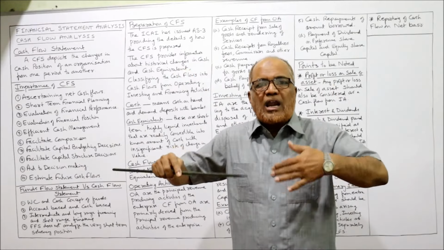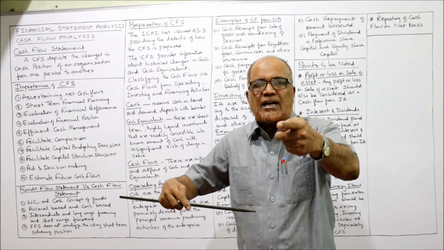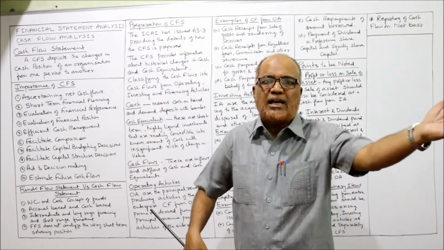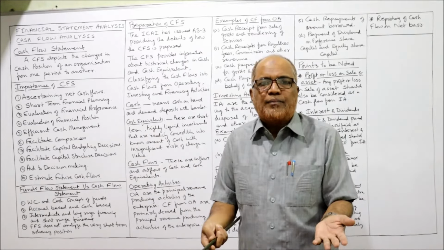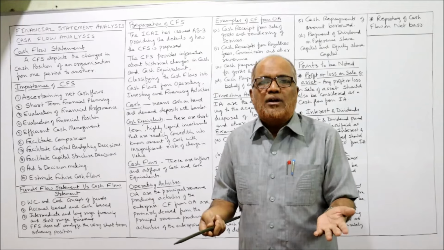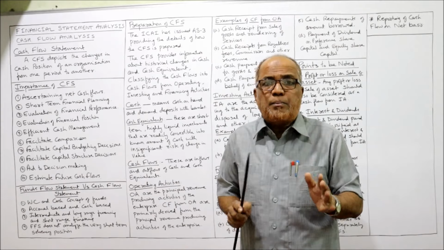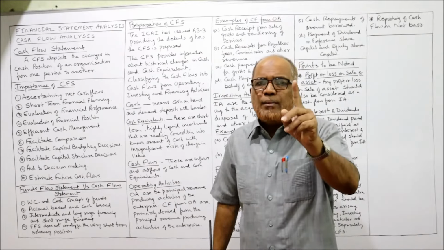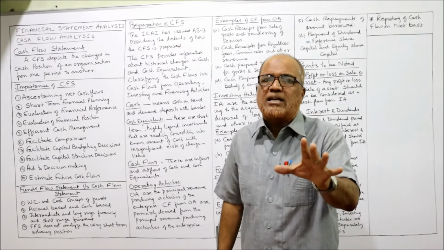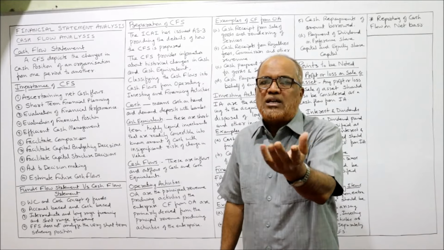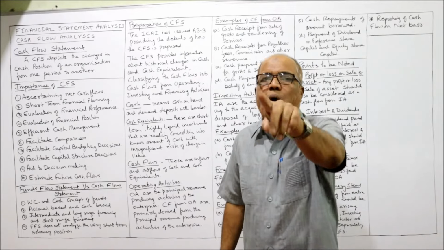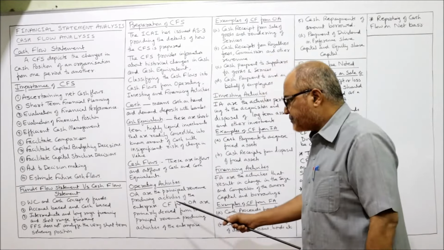So whatever revenue is generated from this activity of purchasing and selling the cloth is called operating activity. It is called so because this is the principal activity of the business. So every business will have a principal activity. So revenue generated from this principal activity is called operating activity.